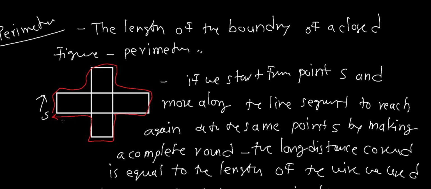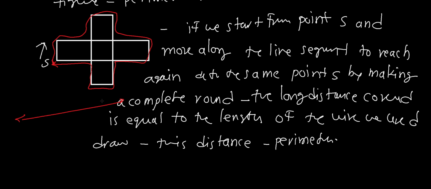If we then unfold this wire like this, the length of that wire represents the distance covered to draw that figure. So the length of that wire represents the distance covered by that shape, and this distance is the perimeter. The outer side distance is the perimeter.